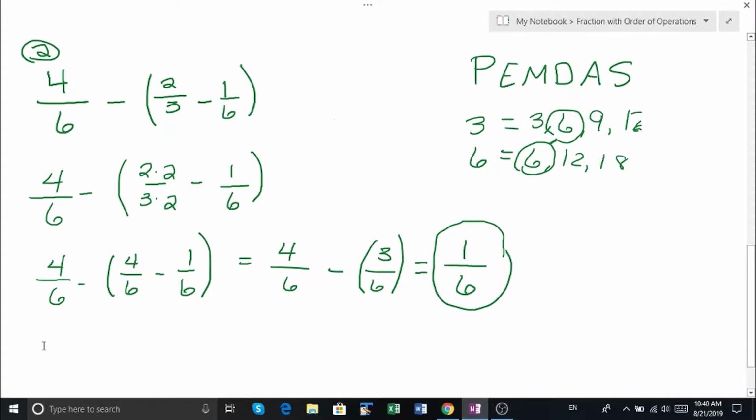All right, let's do another one. All right, what if we have 4 times 1/2 plus 2 over 8 divided by 1/2.